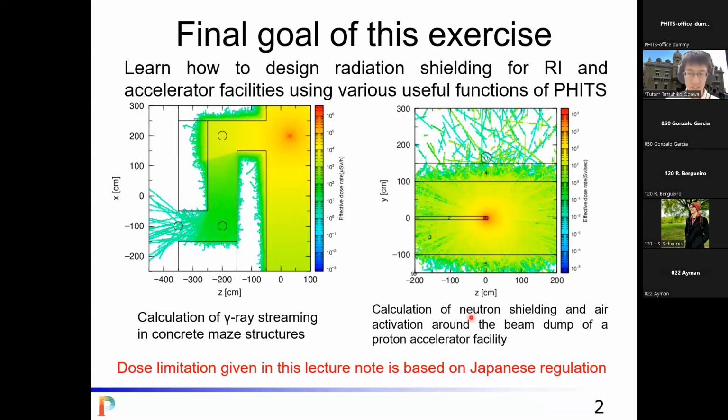And throughout this example, as this is a global international tutorial, we couldn't fix one set of regulatory quantities, so we use Japanese regulations as an example. Of course, you can use the regulation values of your country by making use of everything learned in this lecture.